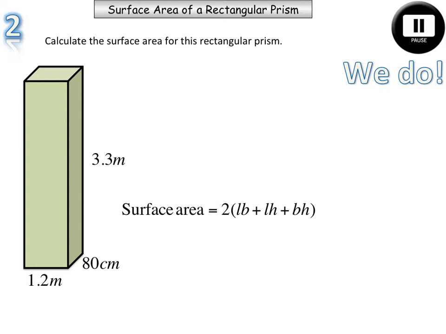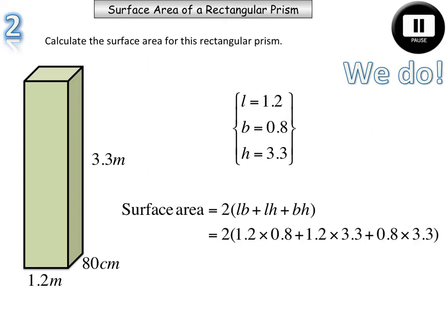Alright, here we go. Here's our surface area formula. Here are our measurements. Just make sure that we don't use 80 but we use 0.8, because these two are in meters, so that one needs to be in meters as well. Here is our substitution. There's our L, there's our B, LB.